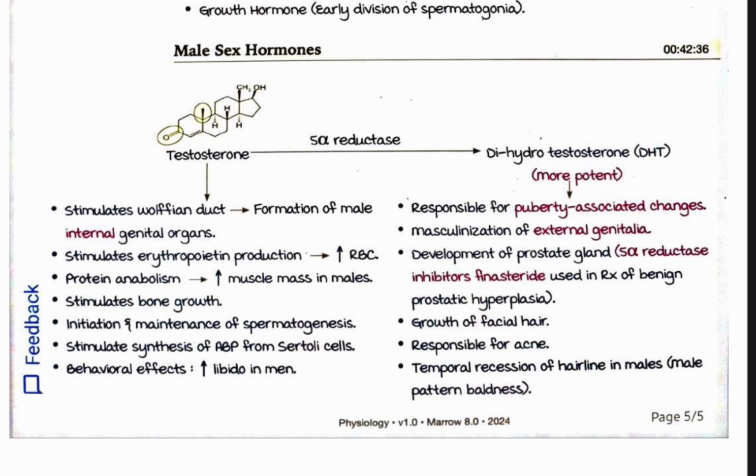Testosterone stimulates Wolffian duct formation of male internal genital organs, stimulates erythropoietin production, increasing red blood cells. Protein anabolism increases muscle mass in males, stimulates bone growth, and initiates and maintains spermatogenesis. It stimulates synthesis of ABP from Sertoli cells.